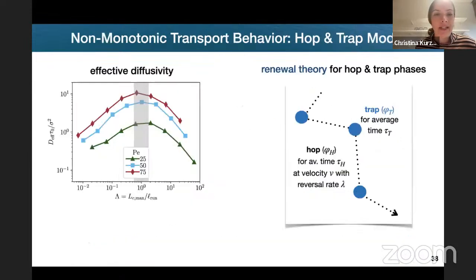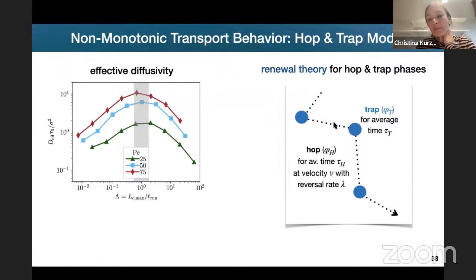Okay, so finally, let's try to model this in terms of a coarse-grained model for these hop and trap phases. The way we thought about it is very similar to what I showed you for run and tumble particles. We wrote down a model in terms of renewal equations, but now the processes are a bit different.